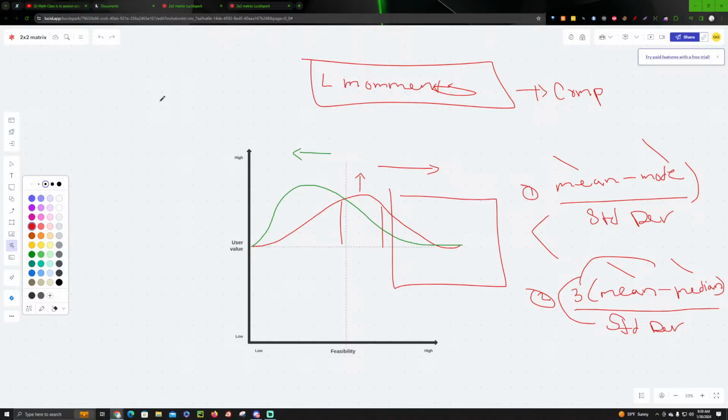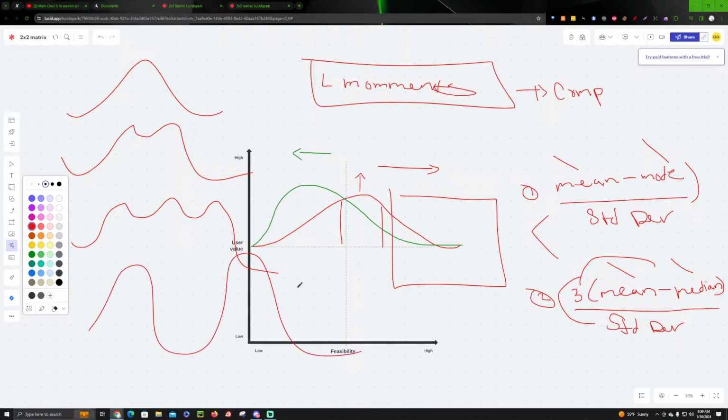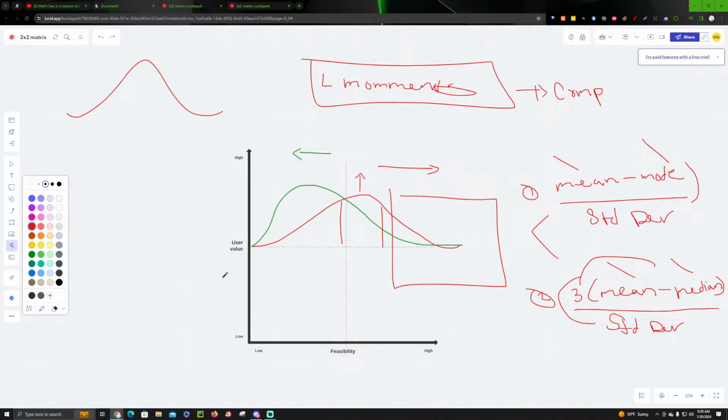It goes without saying, unimodal, bimodal, and trimodal can be a thing. So there's a lot of different types of distributions, but as long as you know the basics, you should be all right.